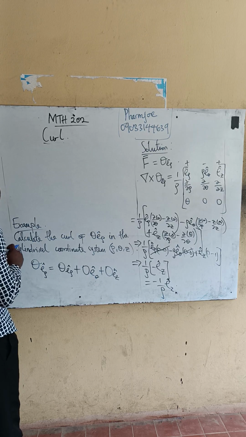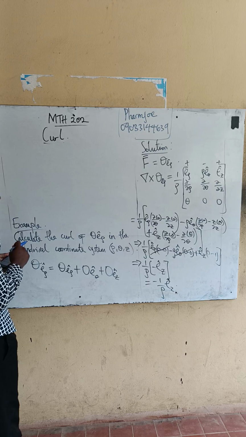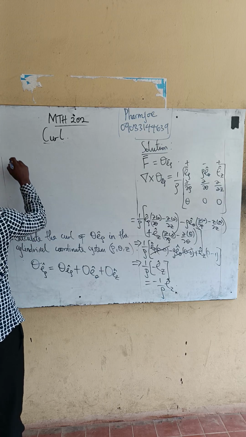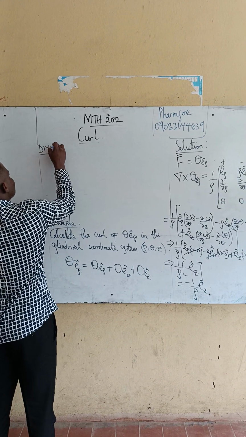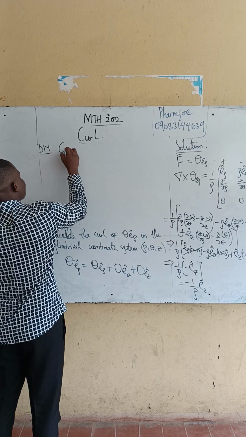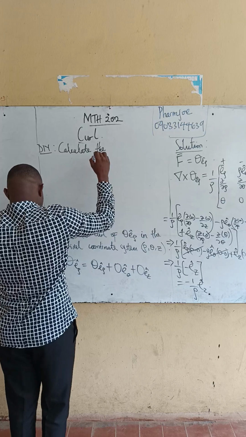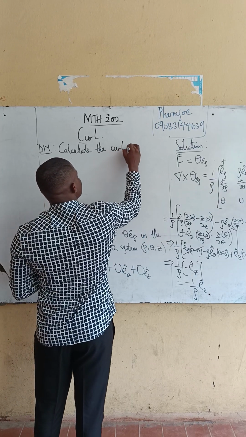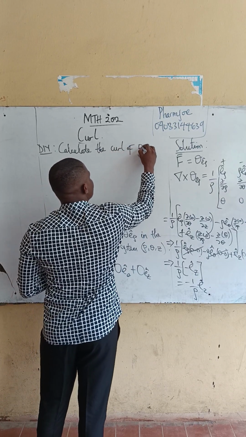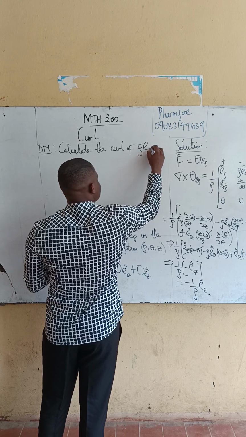So we are still on curl. Do it yourself. It says calculate the curl of rho E theta.